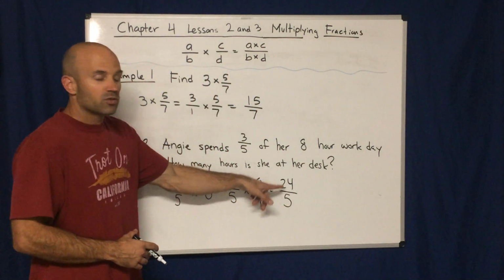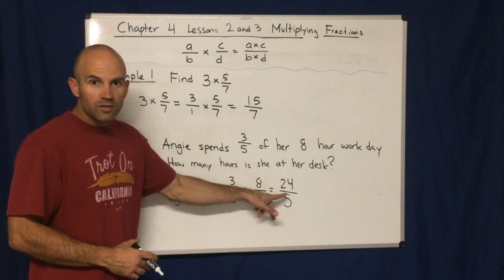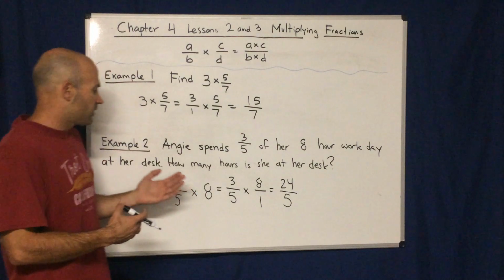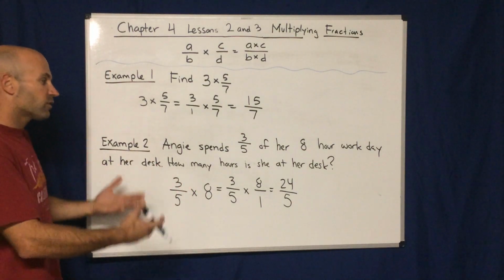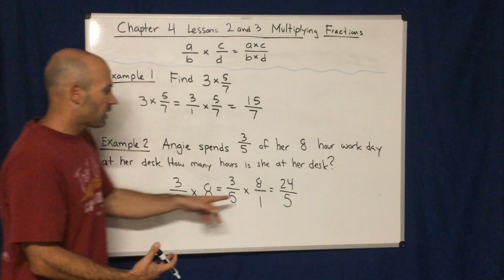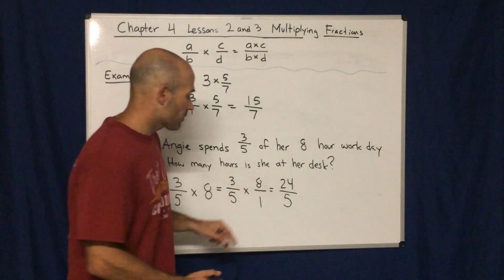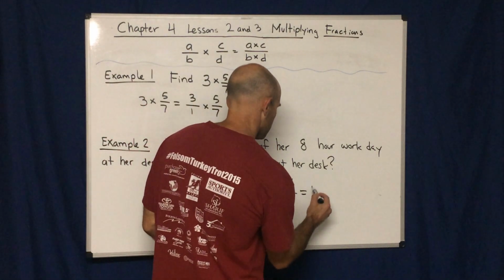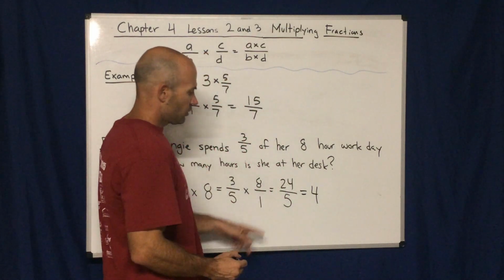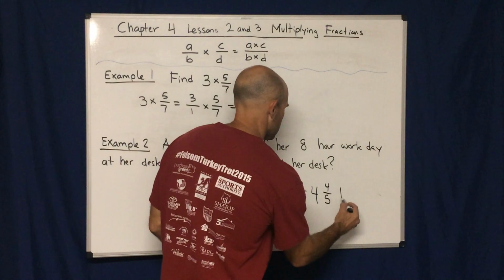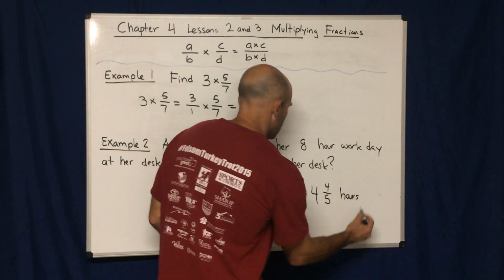Now, this is the right answer, 24/5 hours. But I think we could get a better feeling for how many hours she's spending at her desk by rewriting this as a mixed number. So 5 goes into 24 4 times. You'll have 4 left over, so 4 and 4/5.